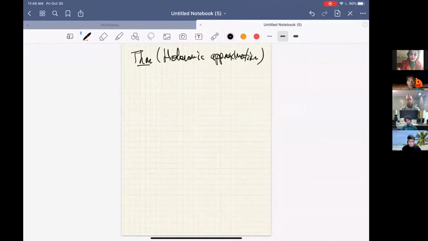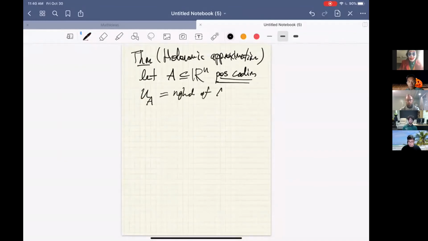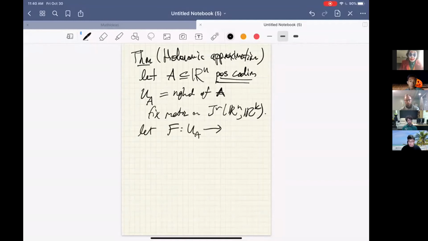It says, take a submanifold A of positive codimension. Let U of A be a neighborhood of A. Anytime I write U sub anything, it's going to denote a neighborhood of that anything. Fix a metric on the jet space. And suppose you have some formal section.